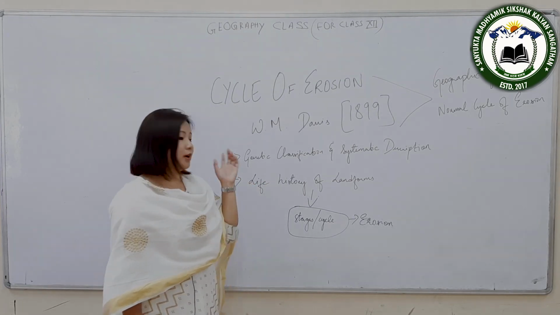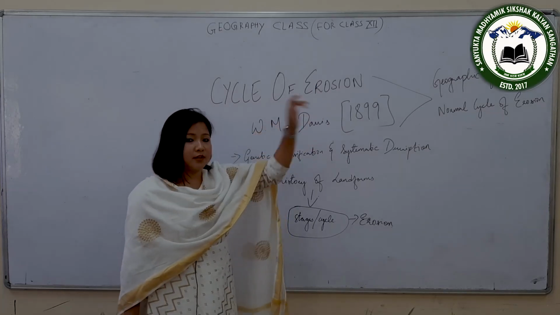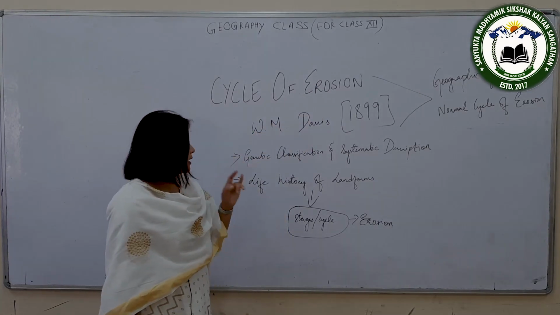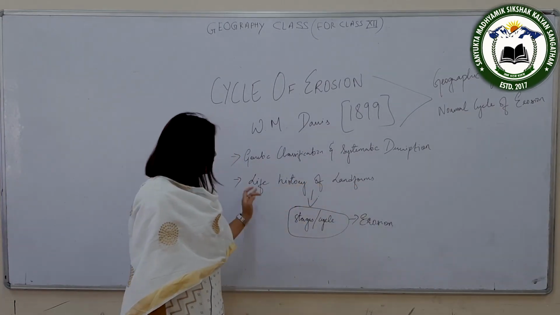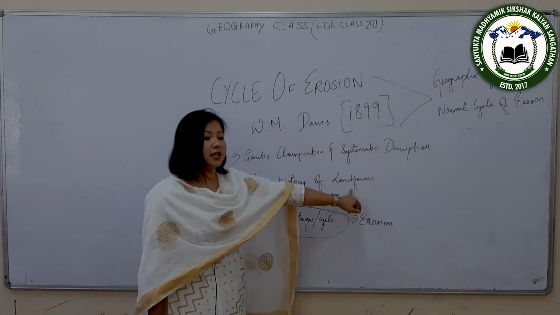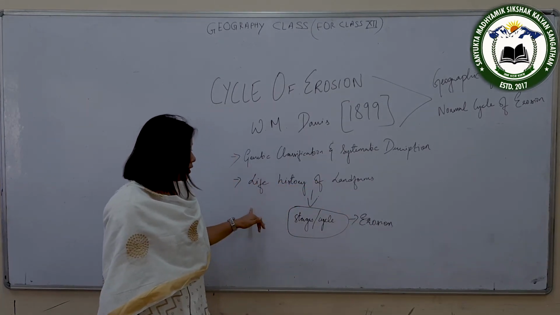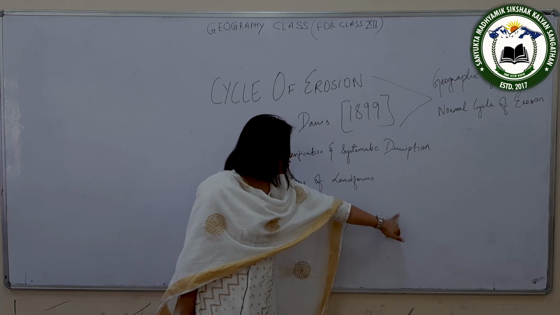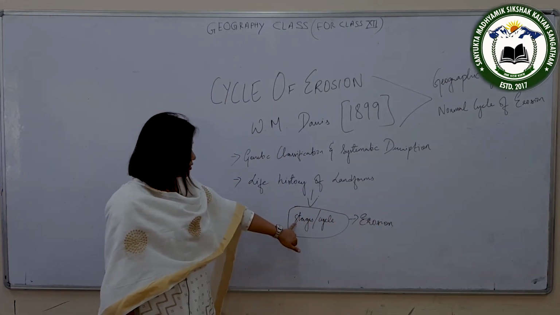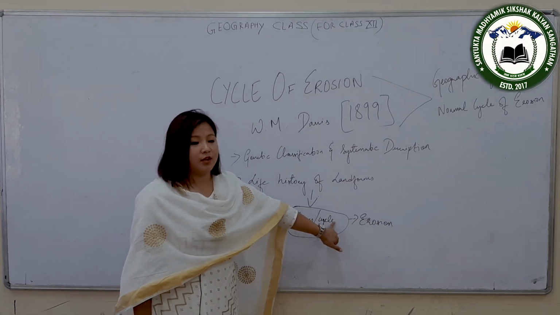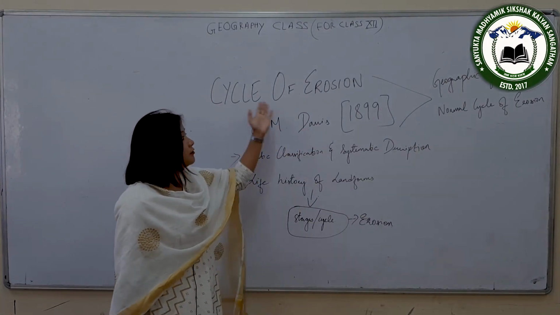Or else what I could say is that the cycle of erosion tends to explain the life history of landforms. The life history of landforms can be explained with the help of erosional processes that are converted into stages and cycles. So, this way William Morris Davis has explained cycle of erosion.